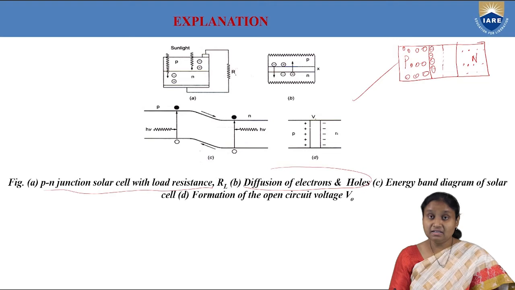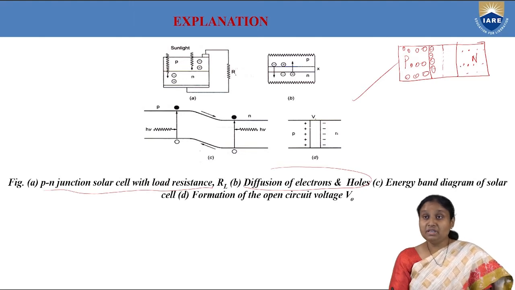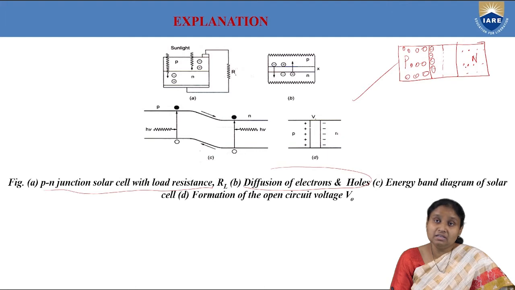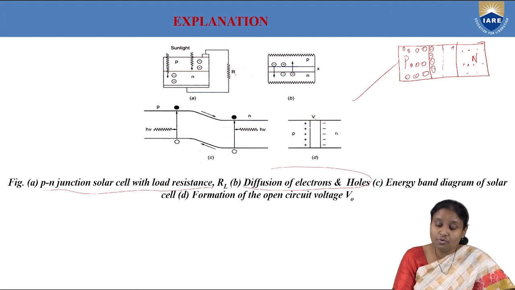We can say that as if they are forming terminals at the junction. Similarly, holes from the p side migrate to the n side, and they lose their energy to electrons inside. They become neutral and form immobile positive ions.